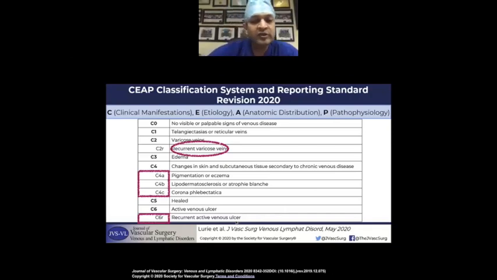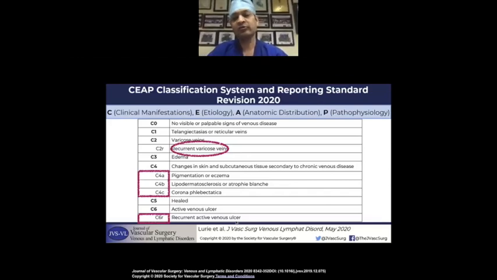These things were not there in the earlier CEAP, so they are now included in this CEAP classification. I think it's very important for everybody to understand this and learn this, and maybe take a photograph, because if a patient comes with a recurrent active venous ulcer, it goes into a very advanced C6R stage.